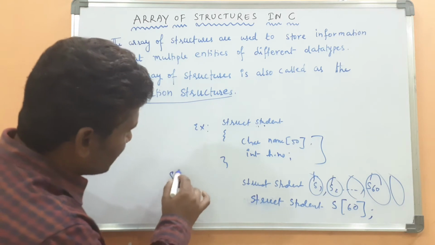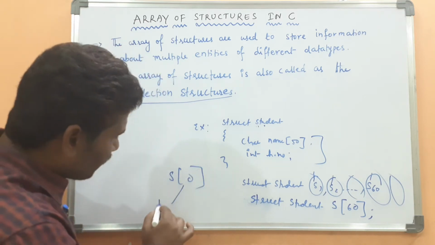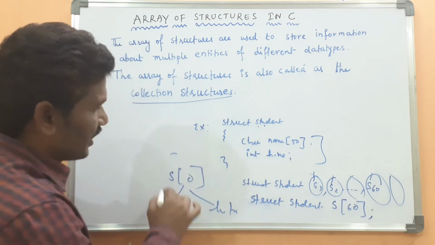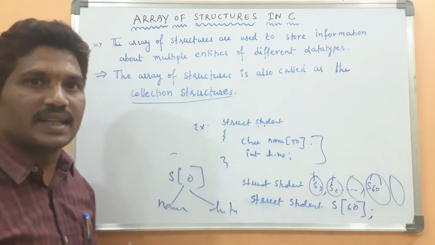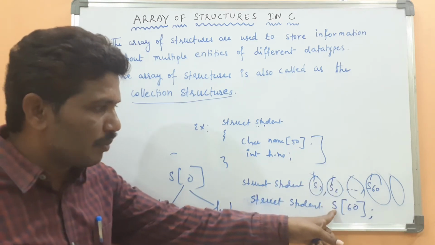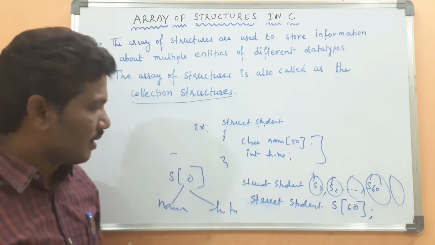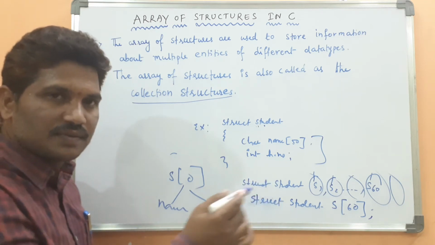Because S of 0 contains name and roll number. This is called one entity. Multiple entities means how many entities are there, 60 entities. In the single variable, we can store 60 entities. S of 0 means S of 0, S of 1, S of 2, S of 3 like that.